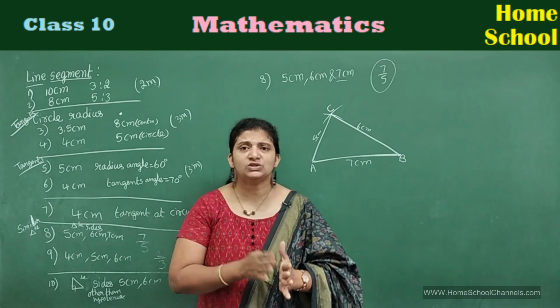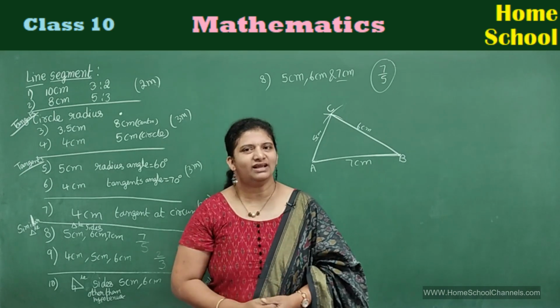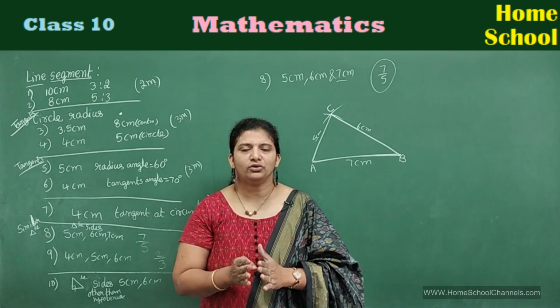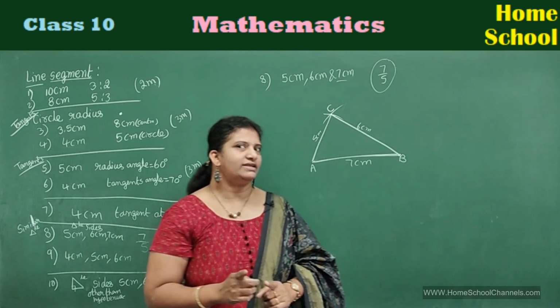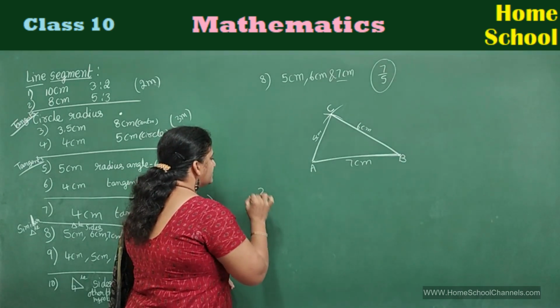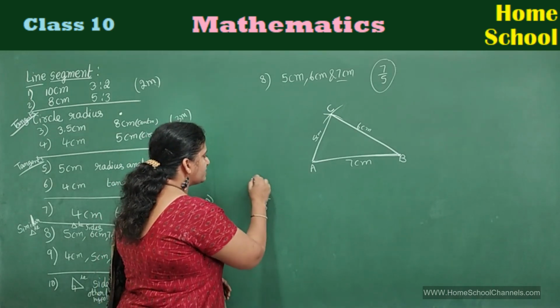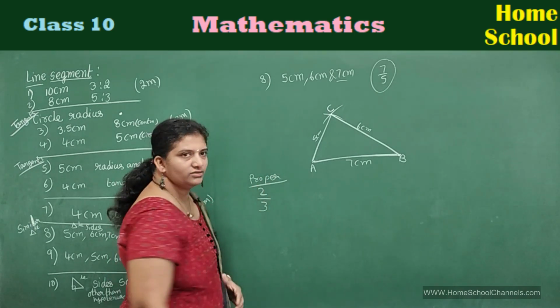So if they reach school, where are they going to sit? Properly inside the classroom. Means they came to school in time, no? They are going to sit inside the classroom. So what is the point you need to understand here? If the fraction is proper. See here, suppose I take 2 by 3. 2 by 3 is which type of fraction?